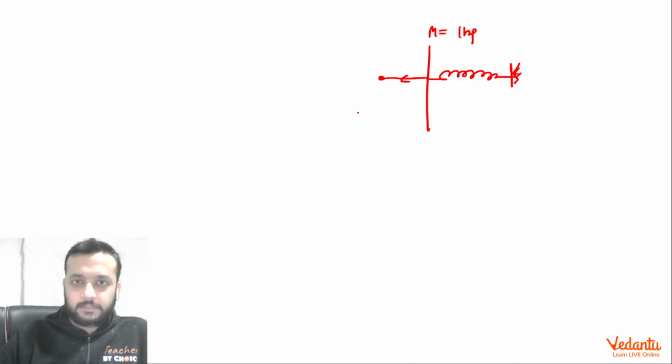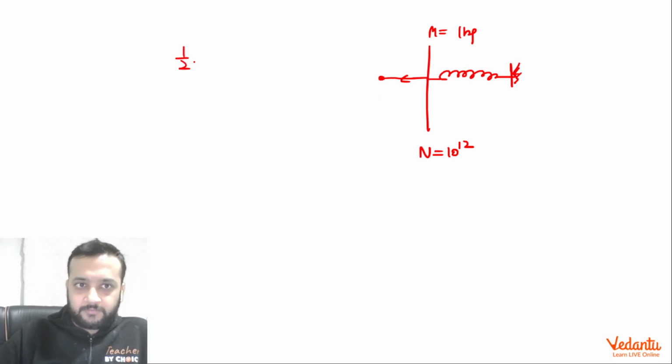Let's do the calculations. Let's take this data itself. Let's assume that the number of photons striking is 10 to the power 12, and let us see what the change in the wavelength of the photon is. It will be an interesting calculation. So what is the energy gained by the mirror?